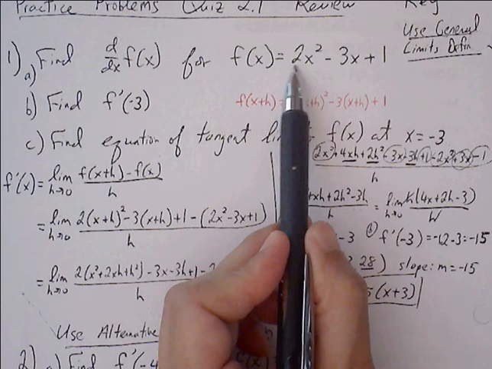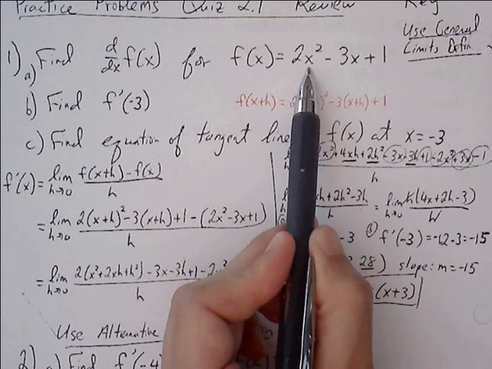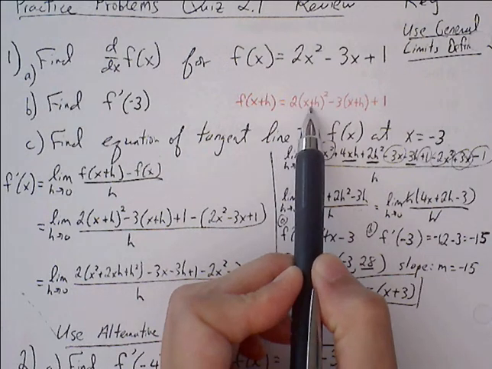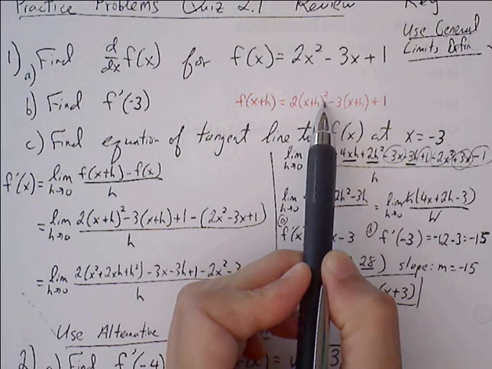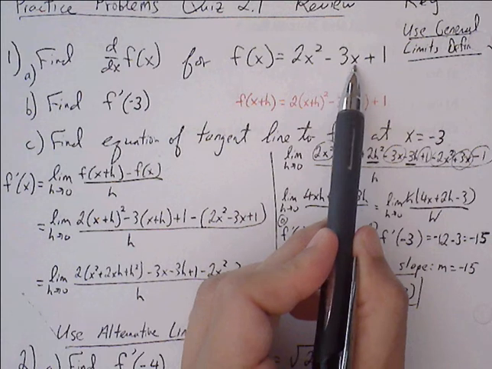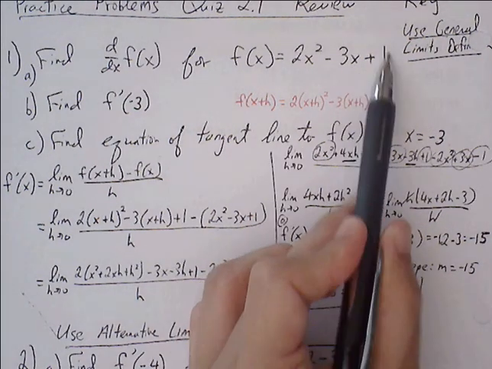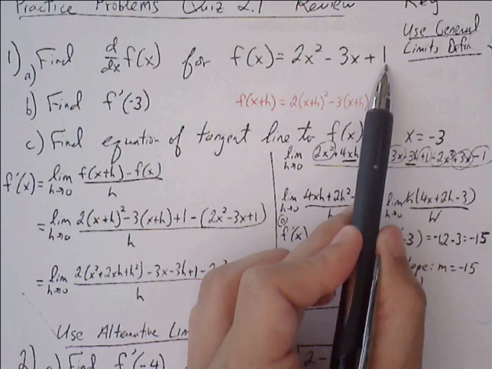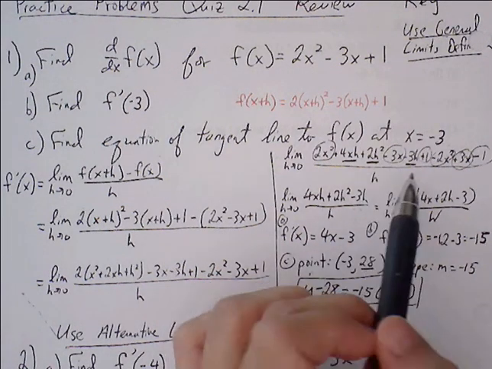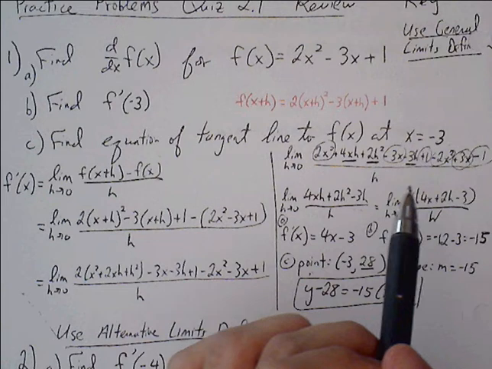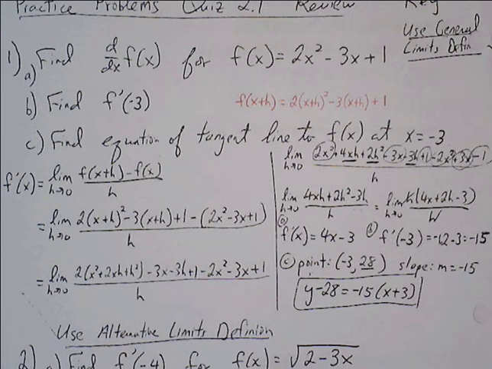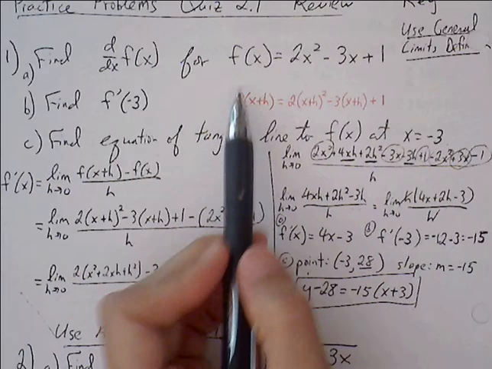Instead of 2x squared, the first term will be 2 parentheses x plus h quantity squared. Instead of 3x, we replace x with x plus h. And there's no x to replace in the last term, so that will stay as 1. So the new argument instead of x is now x plus h.